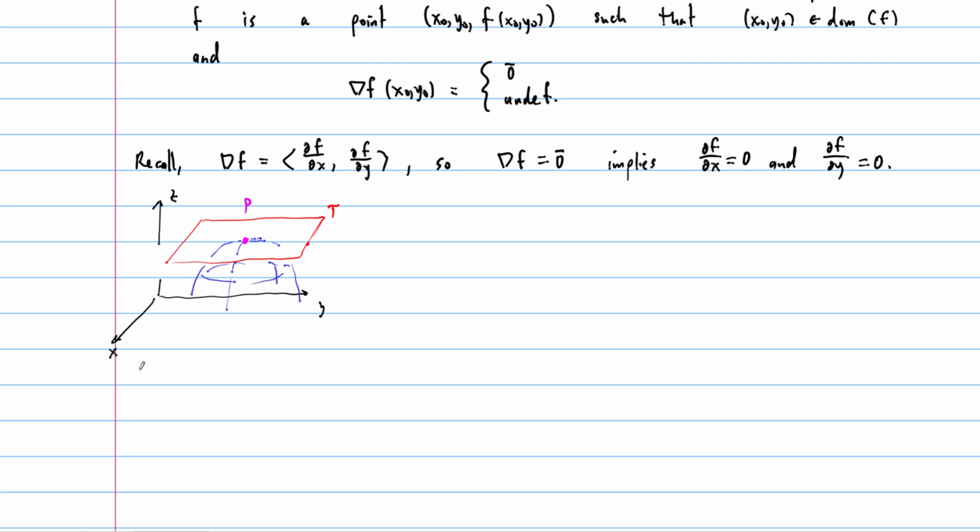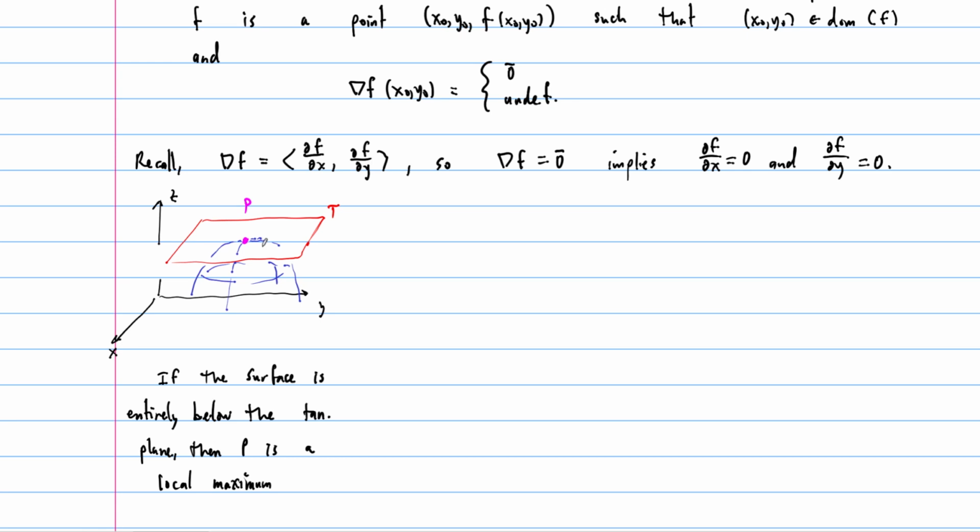I'm going to just sketch these cases here. So if the surface is entirely below the tangent plane, then P is a local maximum. It's the highest point nearby, right? It's the peak of the little hill that it lives on. So this is a local maximum.